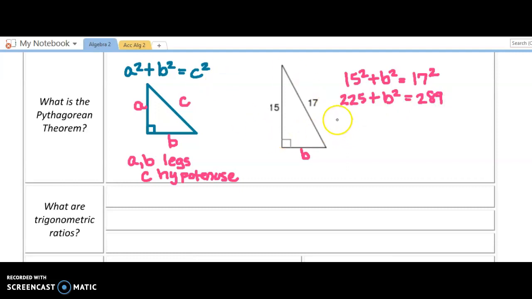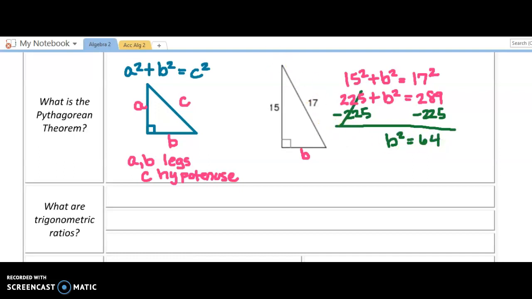Then we're going to subtract the 225 off of both sides. That'll cancel out, so we're left with b squared equals 64.